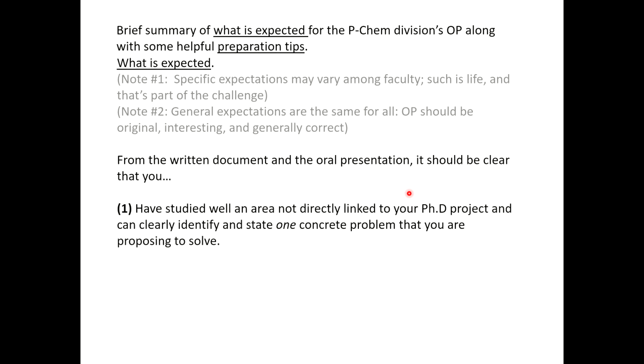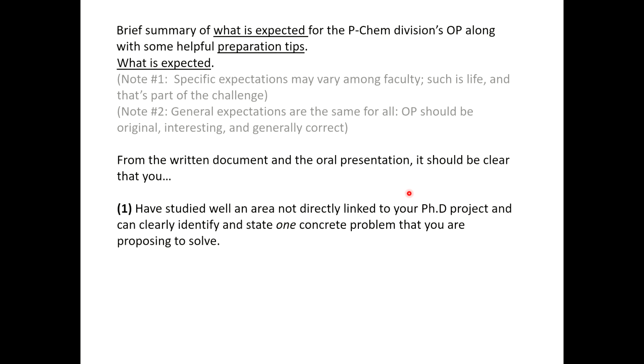From the written document and the oral presentation, it should be clear that you have studied well an area not directly linked to your PhD project, and you can clearly identify and state one concrete problem that you are proposing to solve. It could also be 2, but then it gets too complicated sometimes.